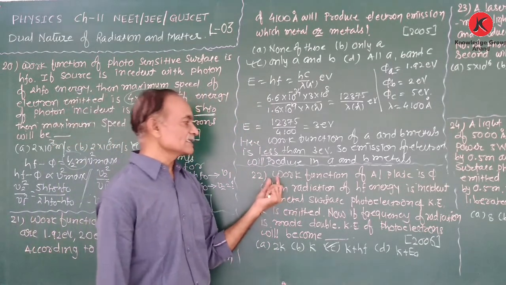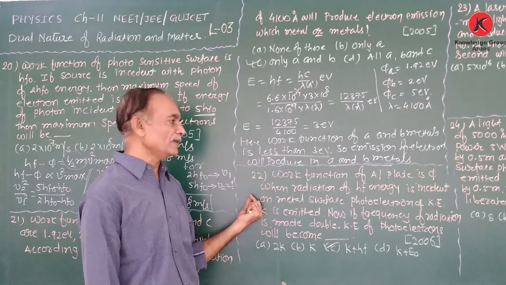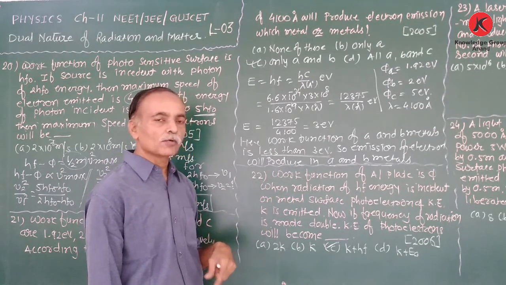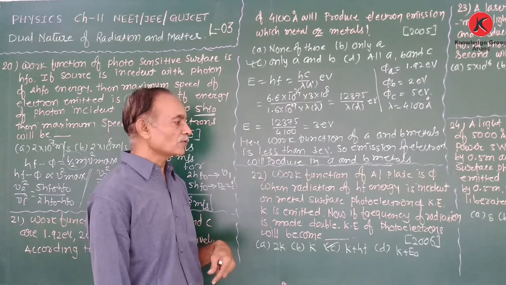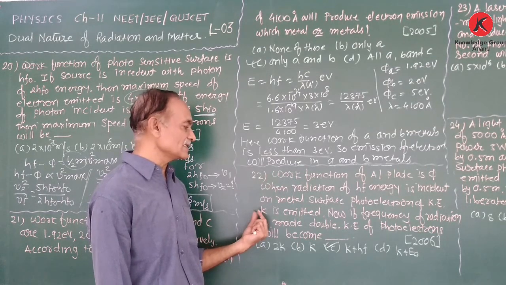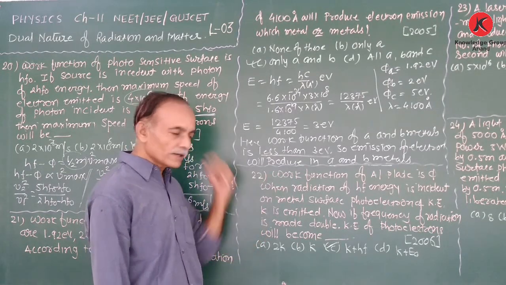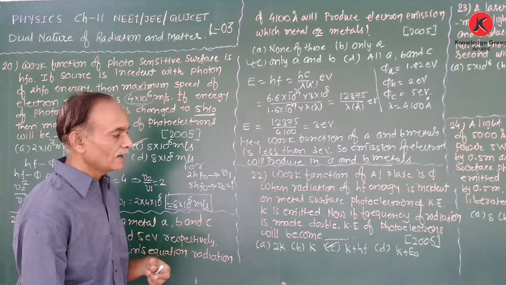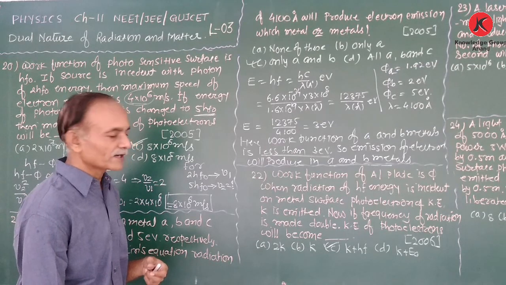Next, the work function of an aluminum plate is phi. When the radiation of hf energy is incident on the metal surface, photoelectrons of kinetic energy K are emitted. Now, if the frequency of radiation is made double, the kinetic energy of the photoelectrons will become what?